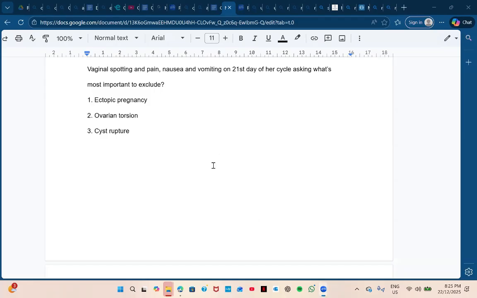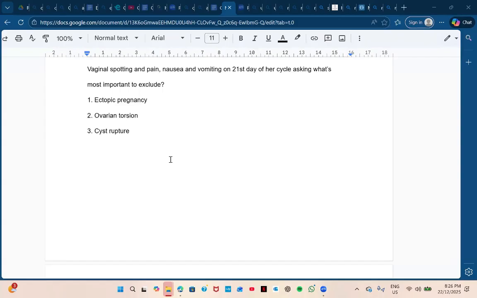What about other symptoms, like how the pain and everything appear? Is there any bleeding in ovarian torsion? Is there any vaginal spotting? Okay.